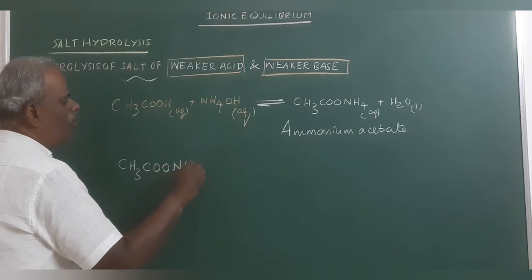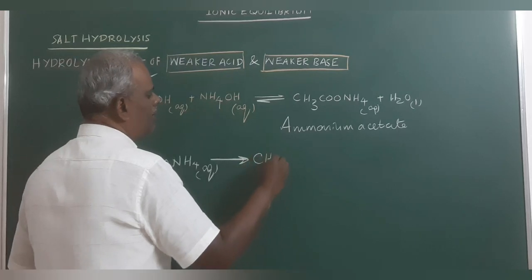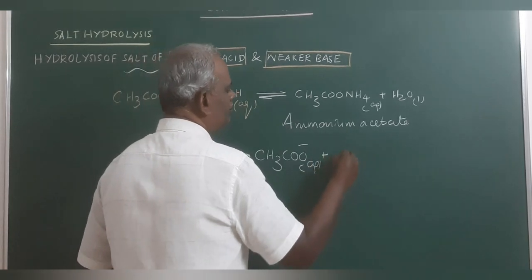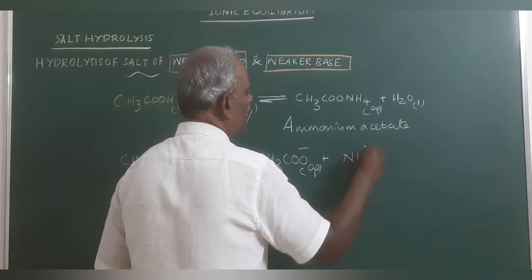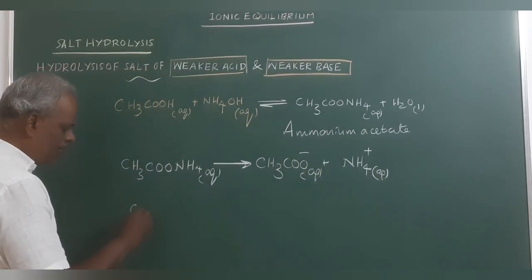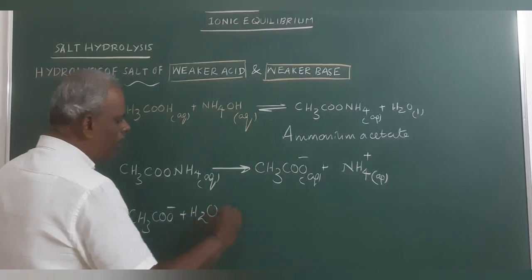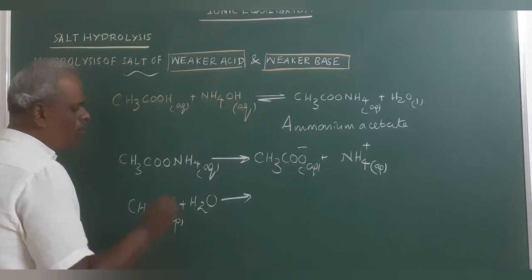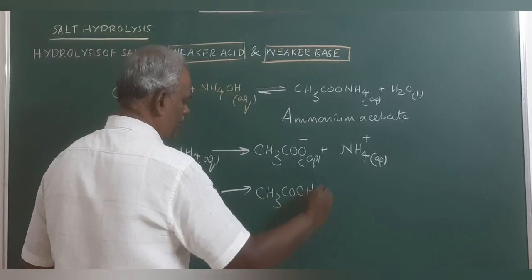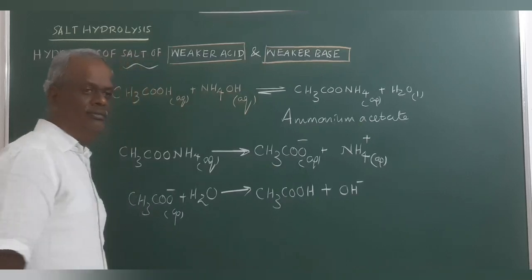CH3COONH4, ammonium acetate. During hydrolysis it gives CH3COO minus, the acetate ion, and NH4 plus, the ammonium ion. If you consider the acetate CH3COO minus, during its hydrolysis with water it is converted into CH3COOH and the other product is OH minus.